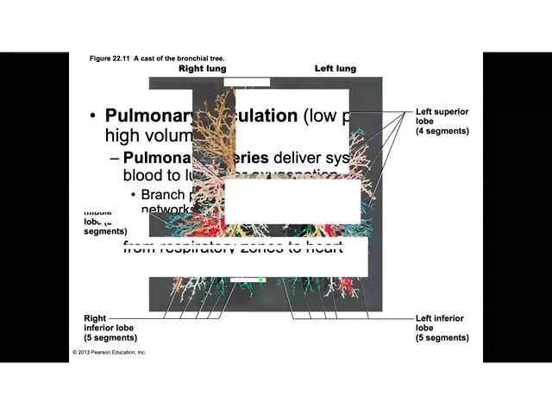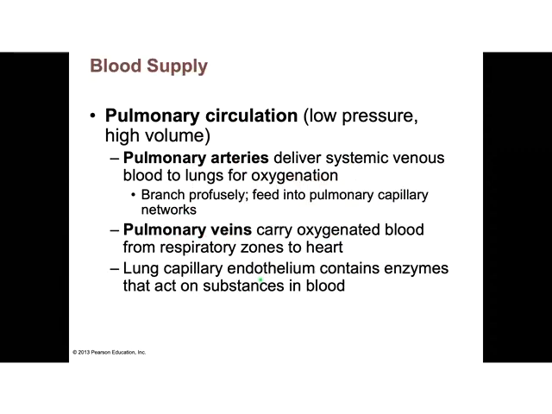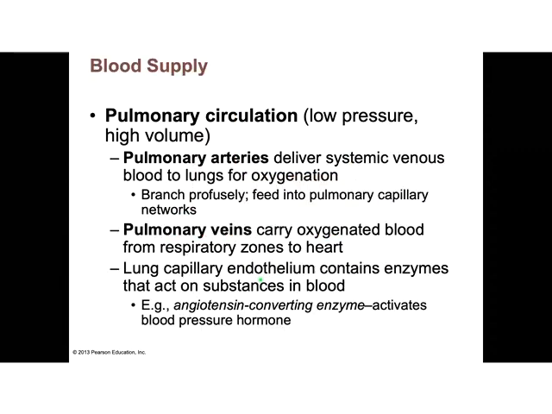The blood supply here is low pressure, high volume. Remember that the amount of blood that is pumped out by each side of the heart with each beat is always the same, but on the right side, we're talking low pressure, low force, where on the left side of the heart, we're talking high pressure, high force, okay?